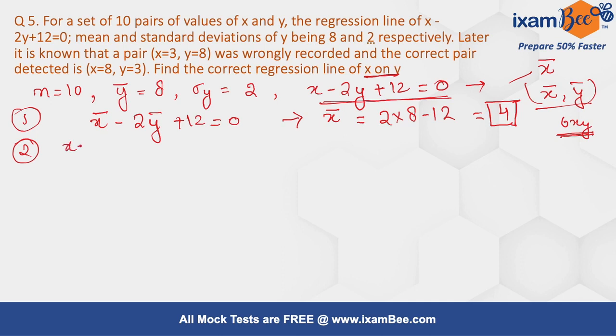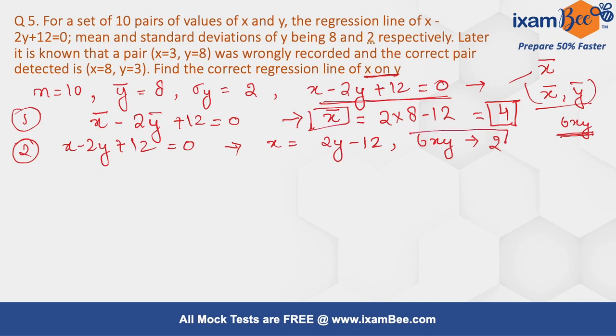Here the line given to us, if we arrange it, will become x equals 2y minus 12. So the regression coefficient for x on y will be 2. So now we have two values: the value for x bar and the value for the regression coefficient.